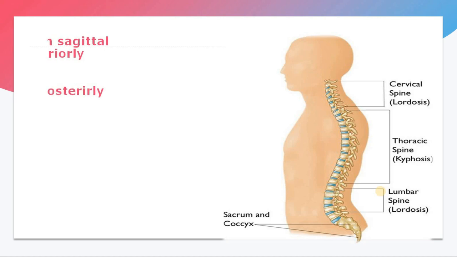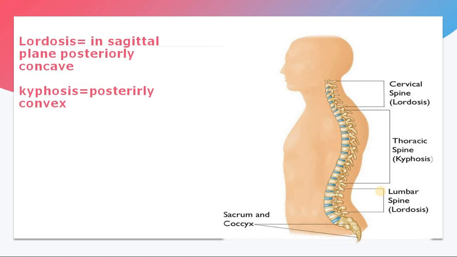Lordosis simply means that in the sagittal plane it is posteriorly concave, and kyphosis is posteriorly convex. As you can see in this picture, the kyphotic curve has a posteriorly convex curvature, and the lordosis has a posteriorly concave curvature.